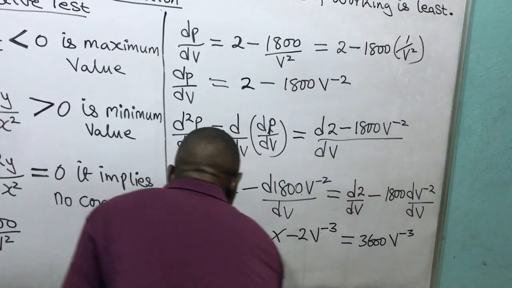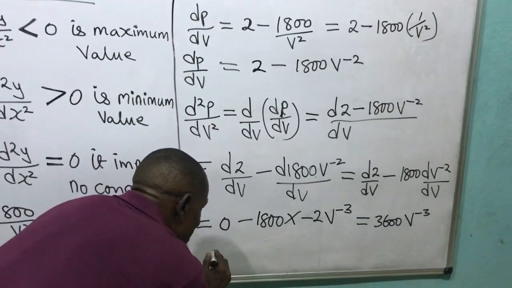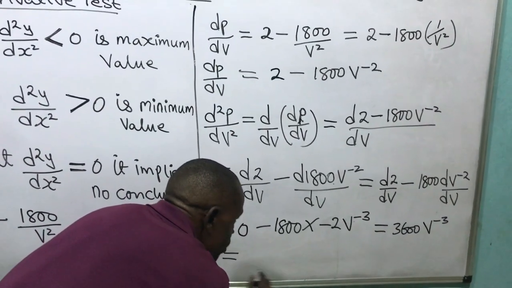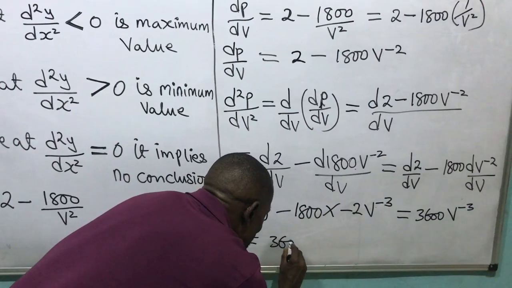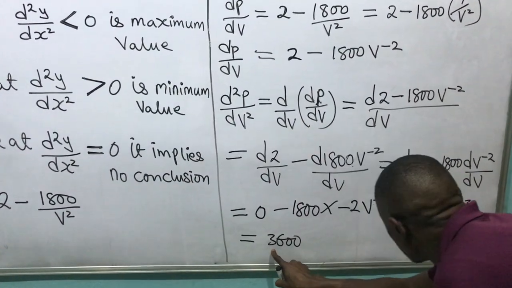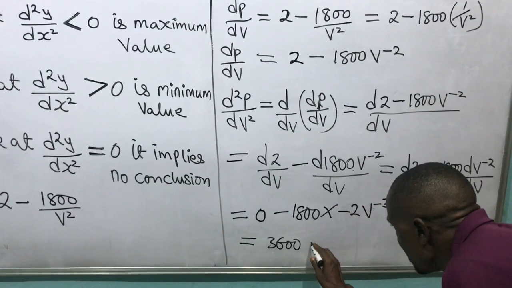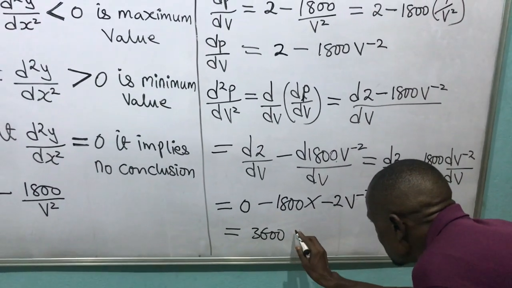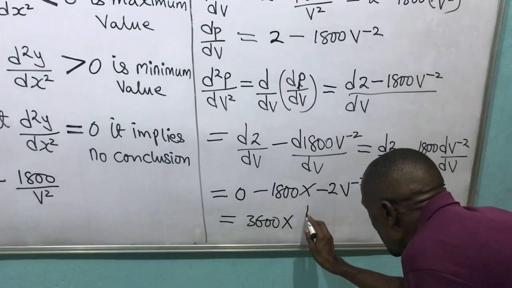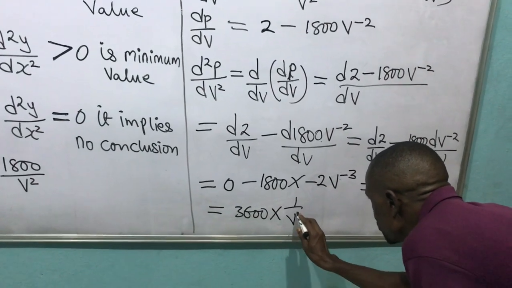And this can be written as 3600 times 1 over v raised to power 3.